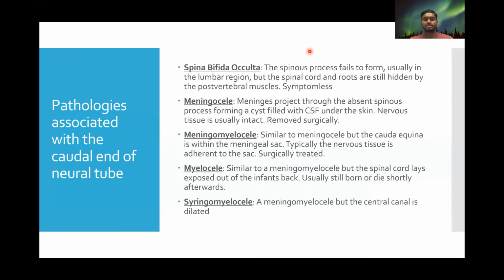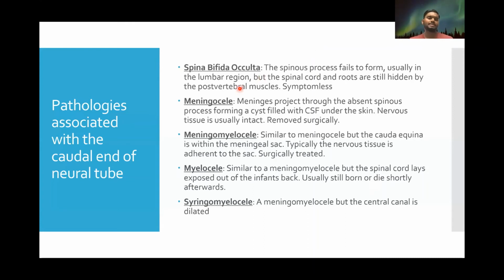It's actually symptomless in terms of the nervous system, but one of the biggest hallmarks of spina bifida occulta is that the child will have a patch of hair around where the spinous process didn't form. And this is symptomless, so the child will probably live a completely normal life, no surgery needed, nothing required.